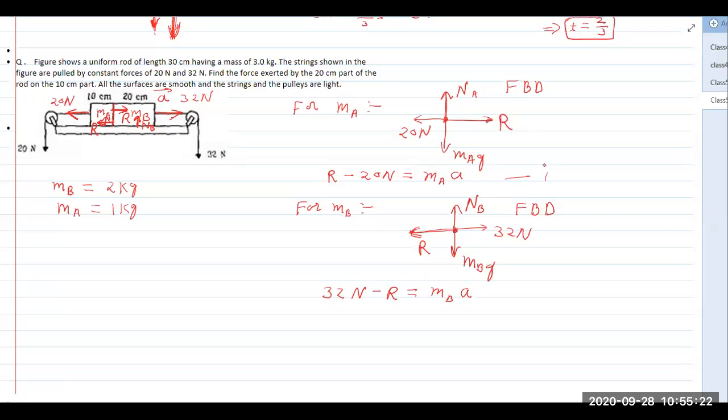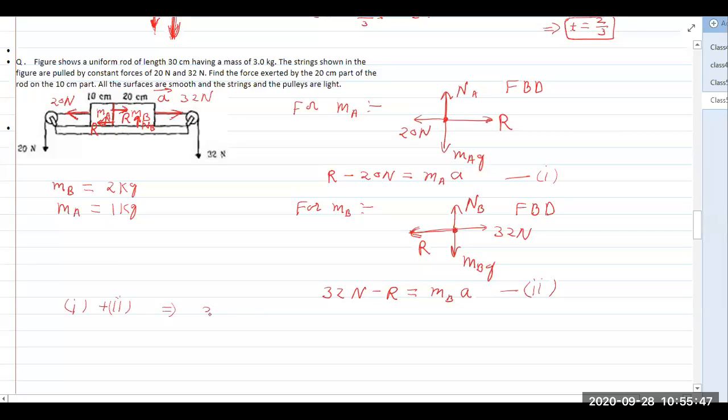This is equation 1 and this is equation 2. We will just add these two, and we can get the acceleration, and finally we need to find R. If we add 1 and 2, R will get cancelled.